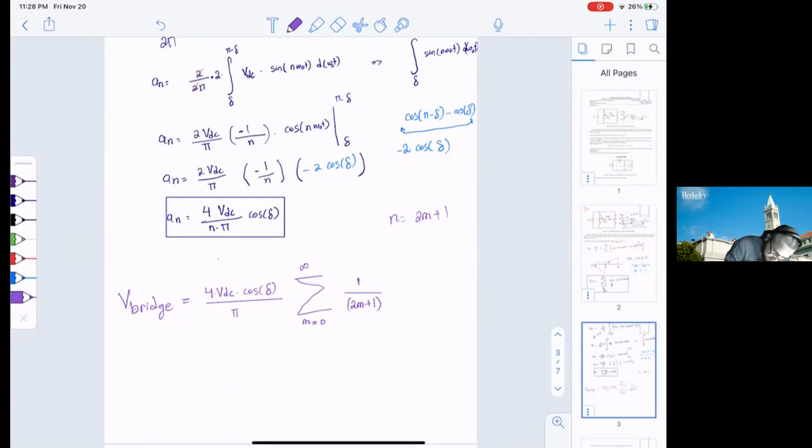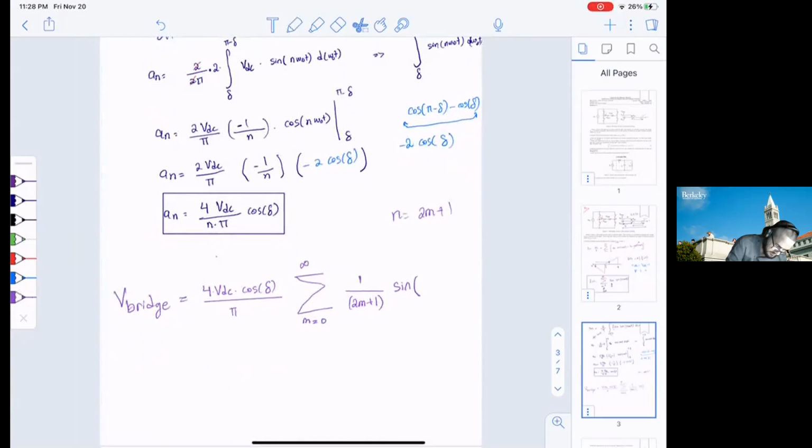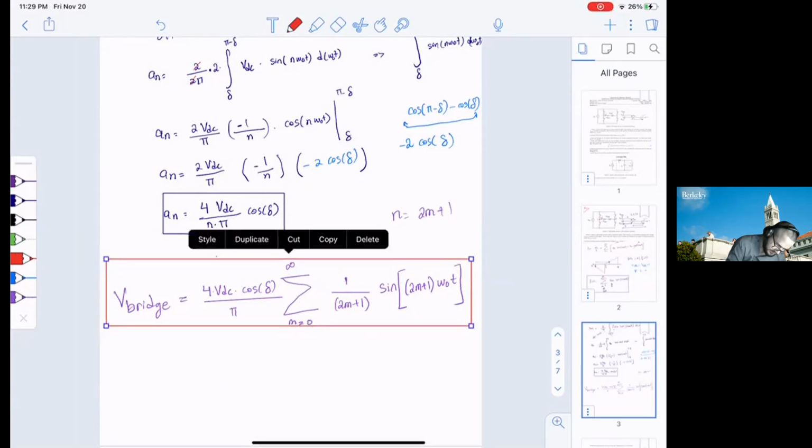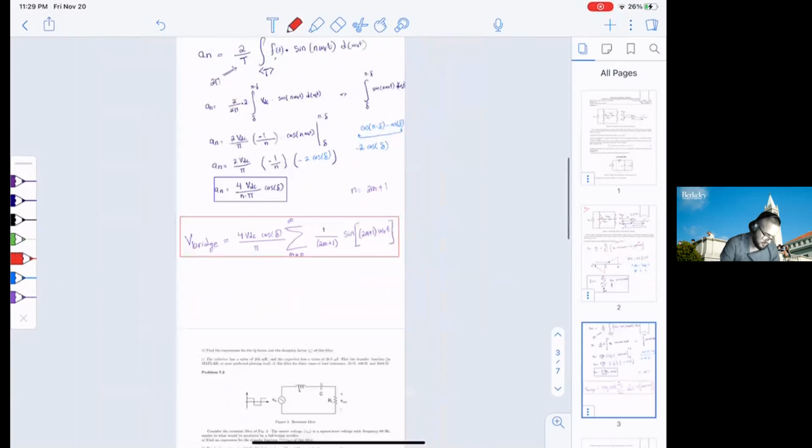Then multiplied by sine of, initially we had n omega naught t, but we replaced n with 2m plus 1, so I'm going to make this bracket, 2m plus 1 omega naught t, and that is going to be my V bridge expression for the transform. Yeah, so we're done with part A.